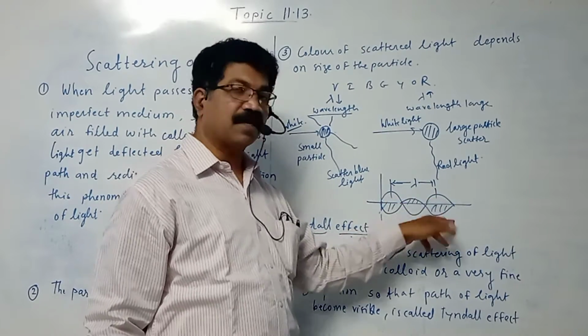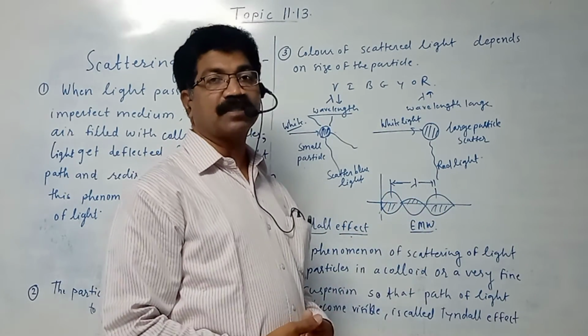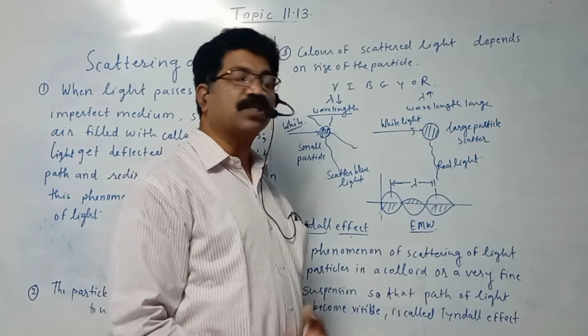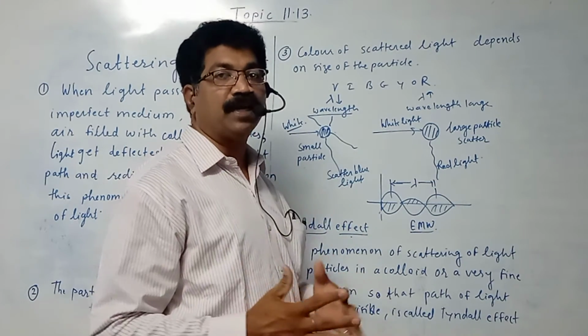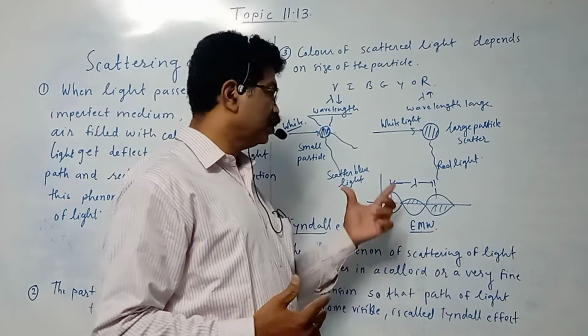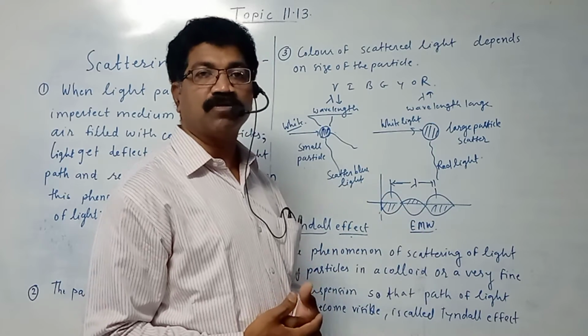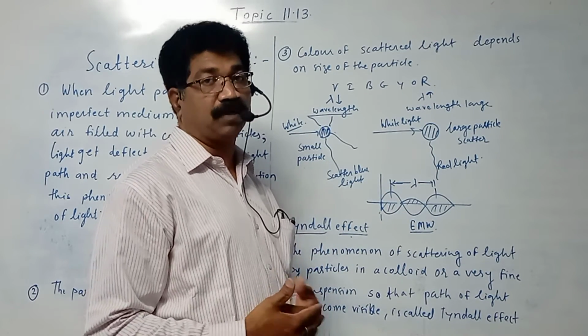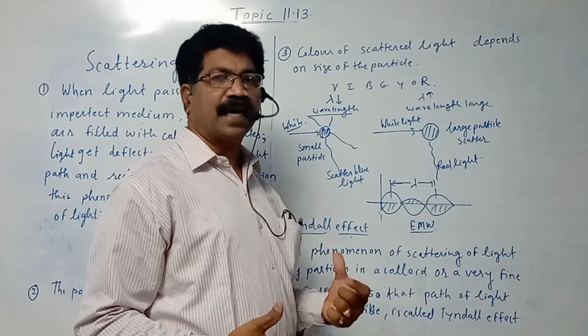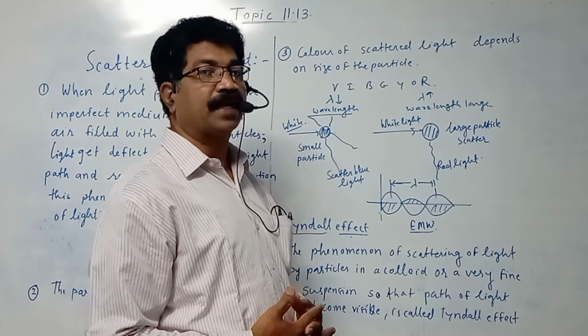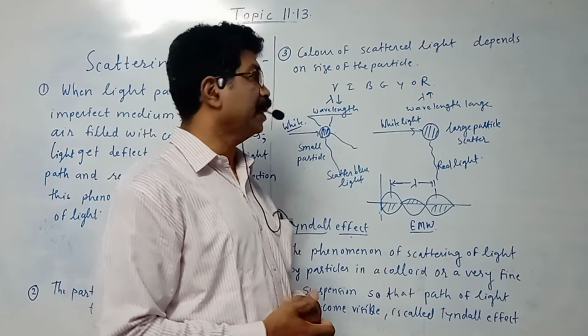The distance between two successive crests or two successive troughs is called the wavelength of light. This wavelength and the particle size must be comparable. Then you will observe scattering of light.